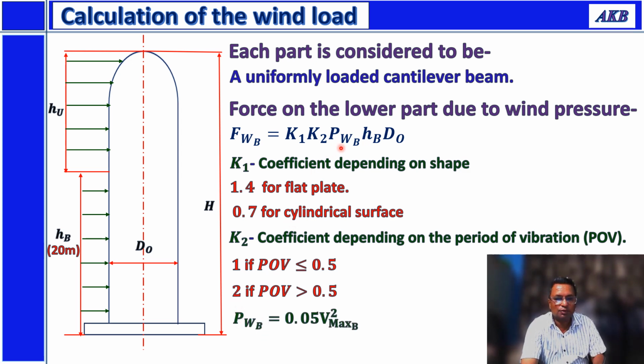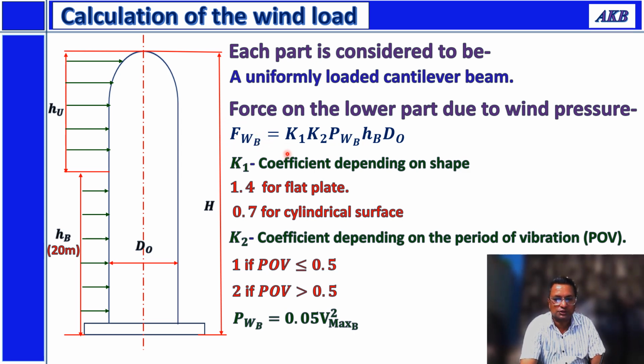Okay. PWB in this equation will be obtained by the empirical equation which we just saw. PWB will be equal to 0.05 Vmax B square, where Vmax B is the maximum velocity in the region under worst condition at the bottom. So with all these values, you can use this equation to get the force acting on the lower part of the column due to wind pressure.